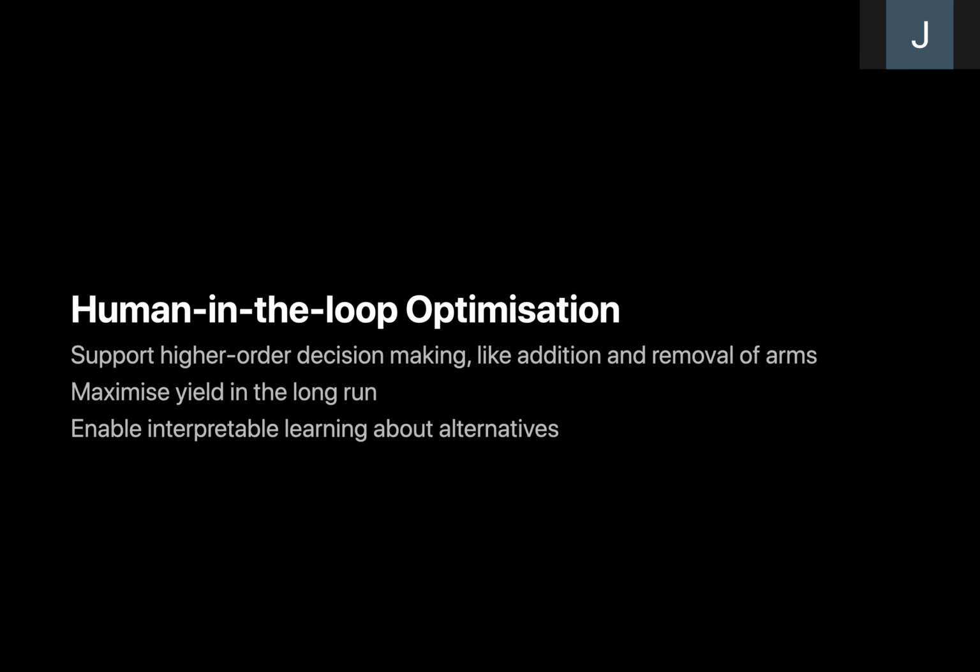That's a very common scenario. Hence, we want to find tools and technologies that enable human operators to maximize yield in the long run by enabling interpretable learning. While the learning about alternatives is going on, human operators should be able to intervene. Of course, this comes with challenges, which I'll speak to as we go along.